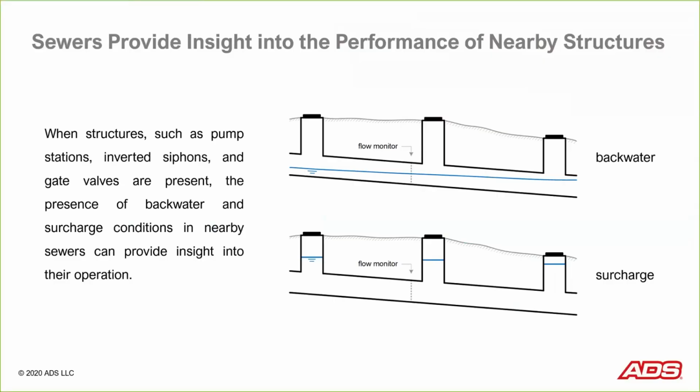And if you can recognize what these patterns or physical scenarios look like on a scattergraph or flow monitor data, that's a very powerful way to start to be proficient at understanding what these scattergraphs mean. We've talked about these before, the backwater and surcharge conditions, in the last 2 webinars, and we're going to see more of this today.